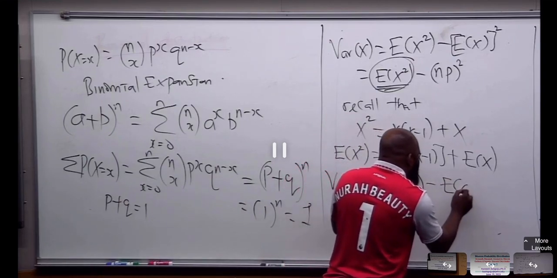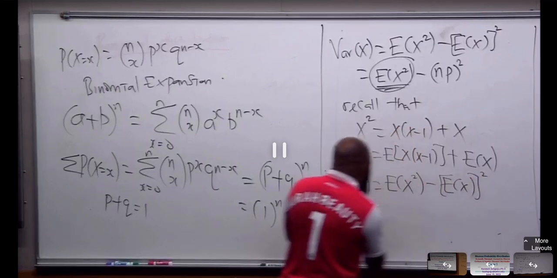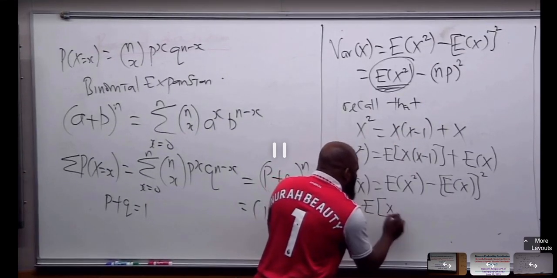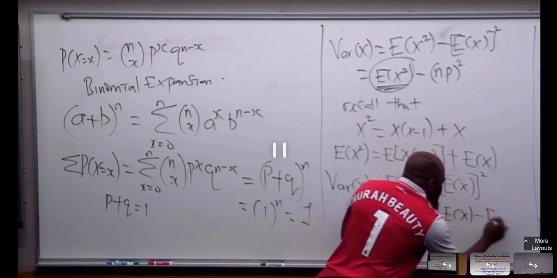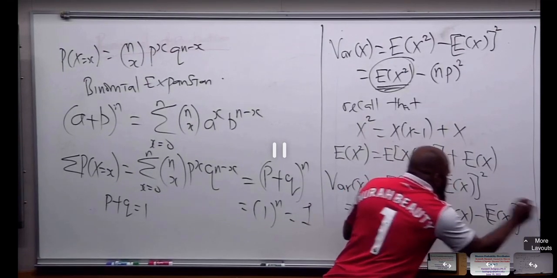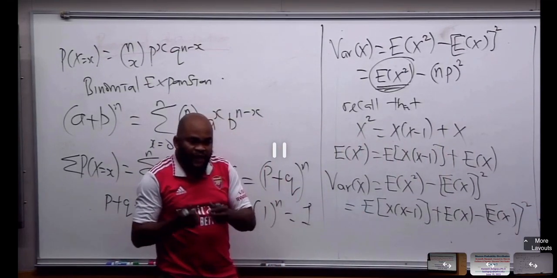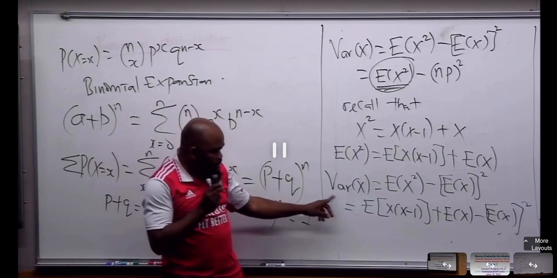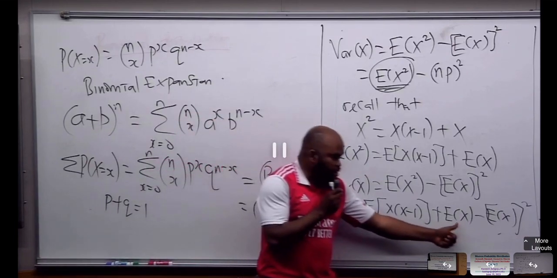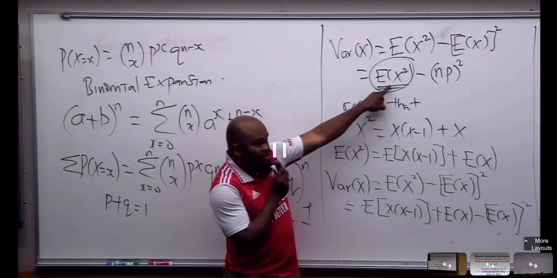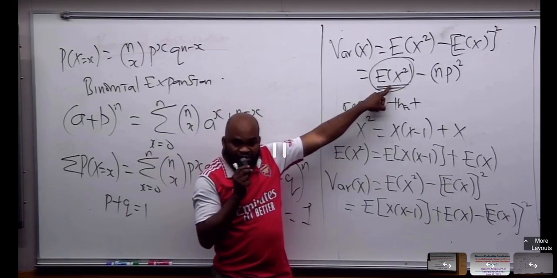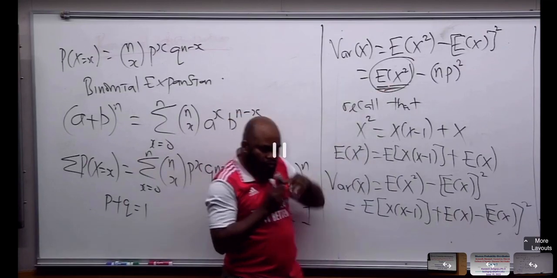which is this minus this, is going to be, look at that. If I want to find the variance of X right now, I need to find this. I already know this and this. Because if you find this directly, it's going to be complicated. Okay?